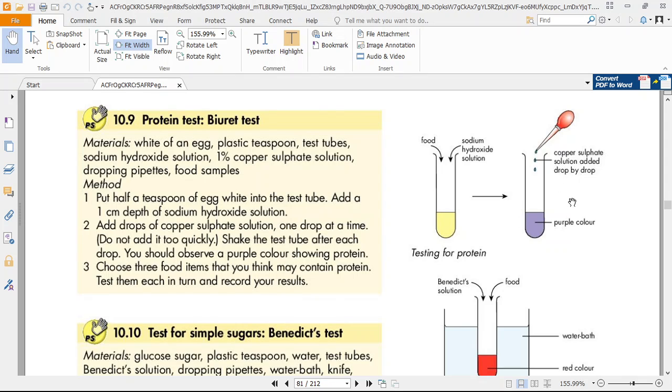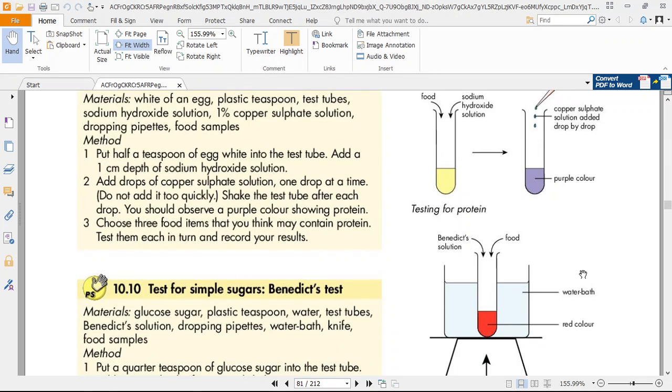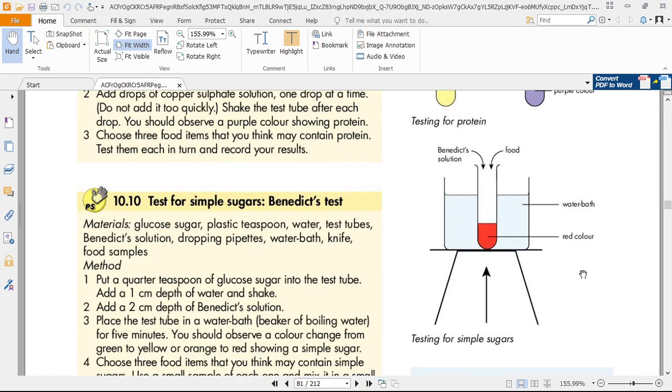When you mix these samples together, if protein is present, then the solution is turned to a purplish color, a lavender purplish color. That proves to you that protein is present in the substance.